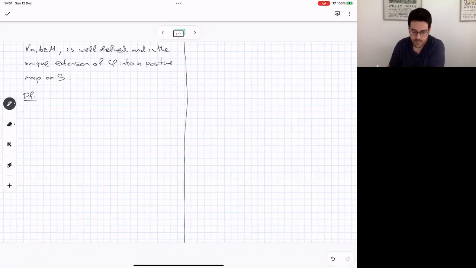So, okay, uniqueness is clear, of course. Why? Because we know that if phi twiddle is positive, then it is self-adjoint. Then it has to be of this form. I mean, if it works, it has to look like this, right?